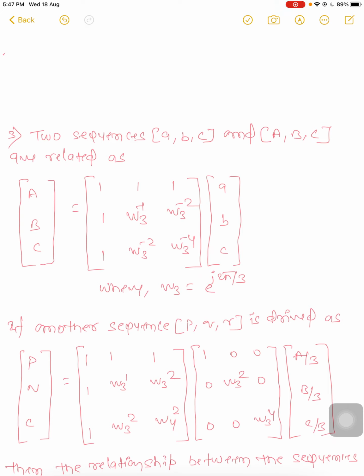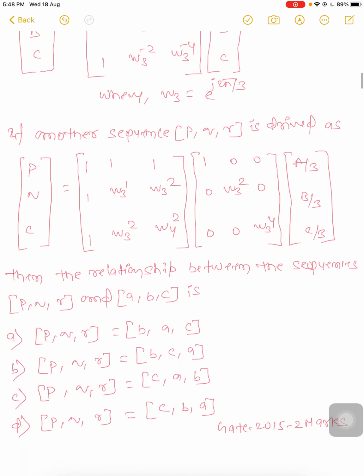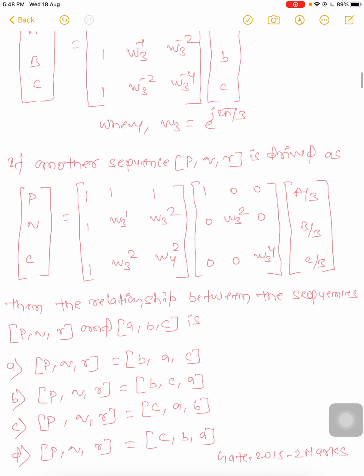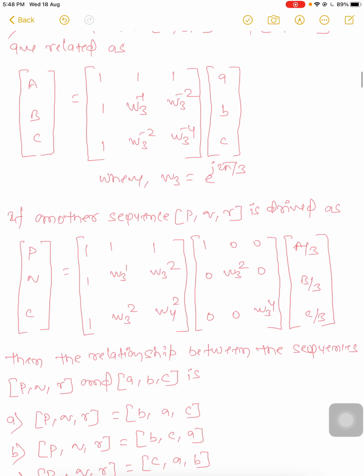Okay, two sequences a, b, c and capital A, B, C are related as capital ABC equals the matrix 1 1 1, 1 W3^-1 W3^-2, 1 W3^-2 W3^-4 times abc, where W3 is equal to e to the power j 2 pi by 3.